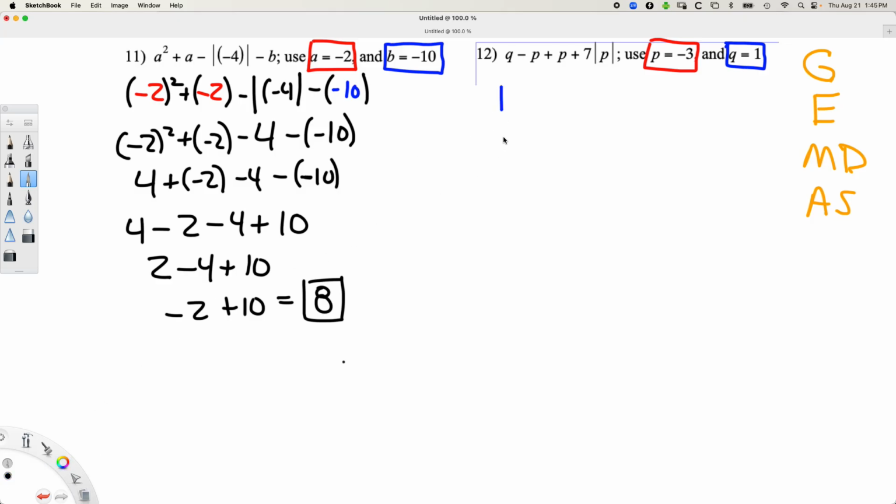And every time I see a p, I'm going to put in a negative 3. So plus p, so plus negative 3, plus 7 times the absolute value of negative 3.